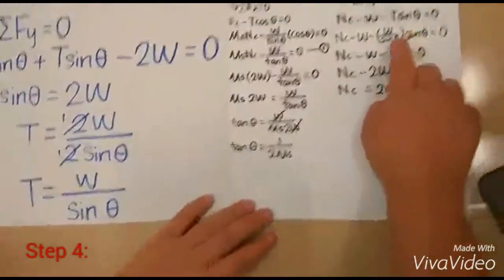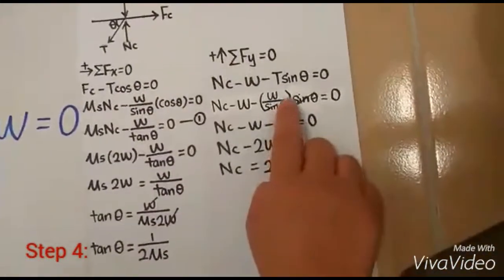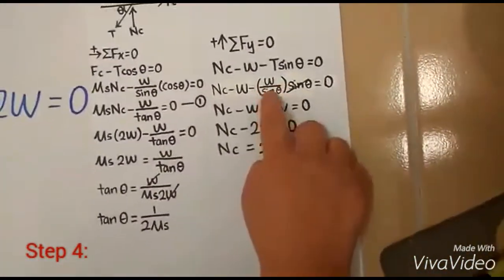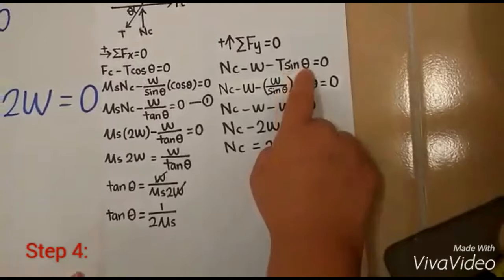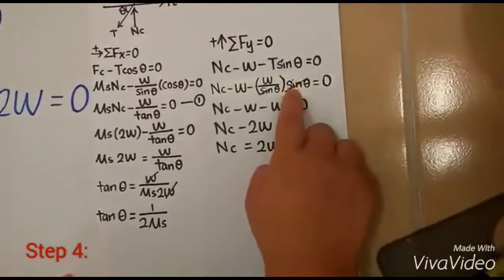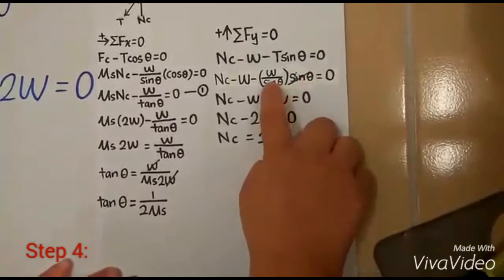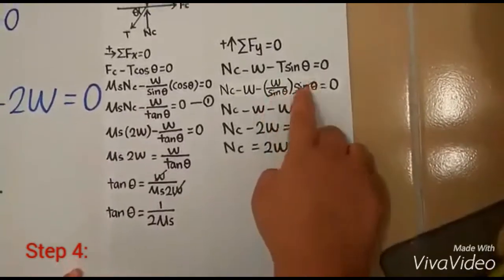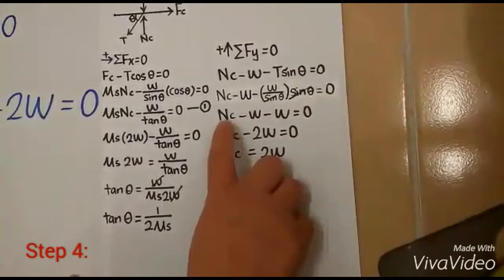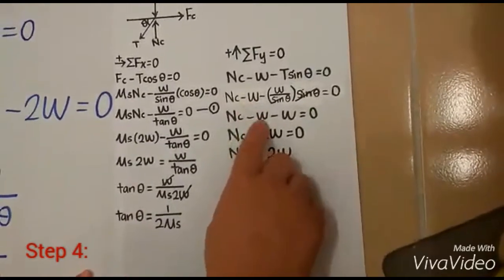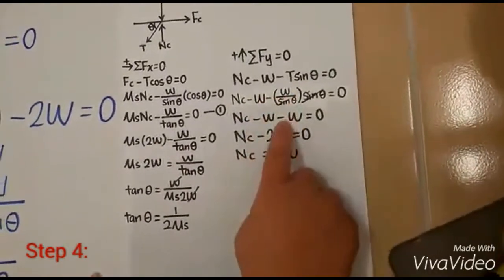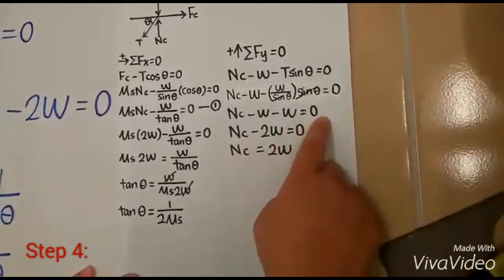So here we substitute in W divided by sine theta, and then the sine theta behind it, we just continue to write, equal to 0. The sine theta and sine theta we can cancel straight away. So we leave Nc minus W and minus W equal to 0.